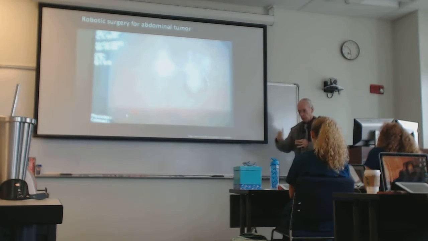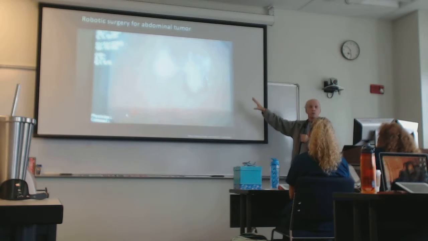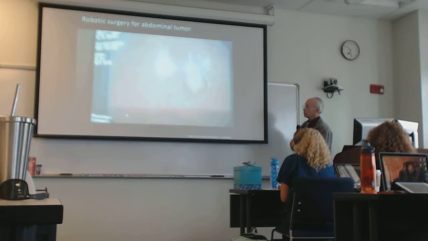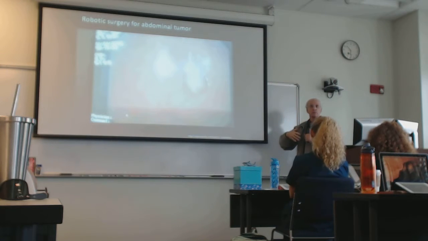But of course, the fellow's sitting away looking at the large screen. He's using his fingers to manipulate the device. The other interesting thing here, of course, this is a cancer. And this procedure also involves an omentectomy we talked about before. The greater omentum is being removed. I think the current thinking is that the omentum probably does a lot of things that we didn't previously credit it with.